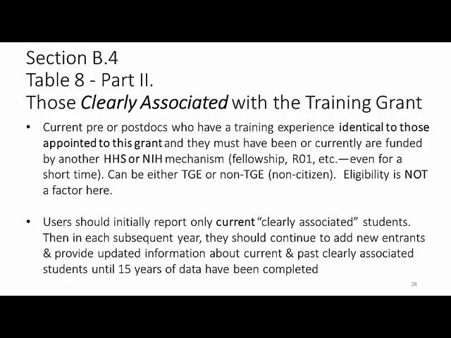It doesn't matter if they're a non-citizen or citizen, they actually would have been eligible to go on the training grant. That's not really a factor here. They just want to know, were these other 3 receiving an identical experience?